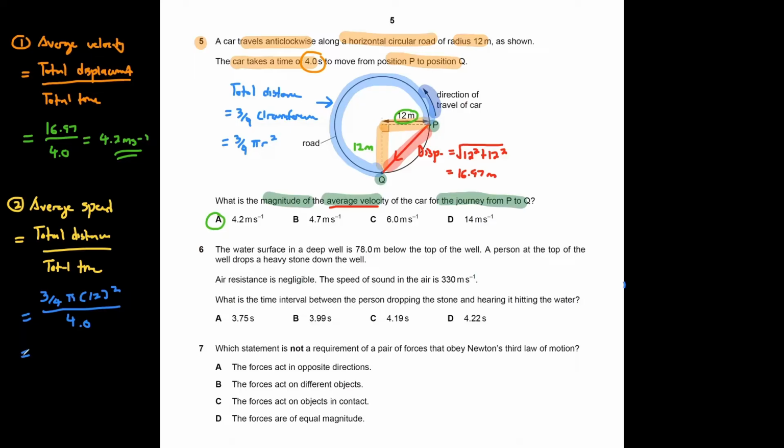We will eventually get the final answer as 14.1 meters per second. Okay, this one would be our average speed here. So in our question, this one here, 14.1 meters per second, would have actually been our average speed. Okay, but our question wants average velocity, not average speed.